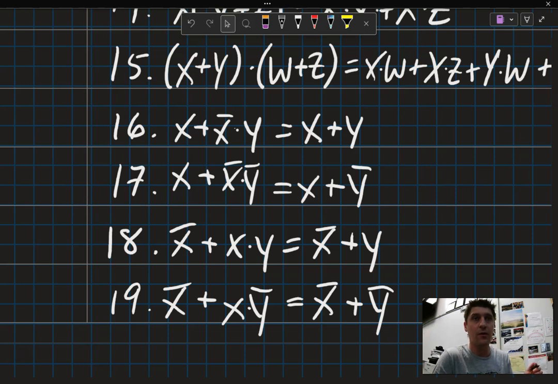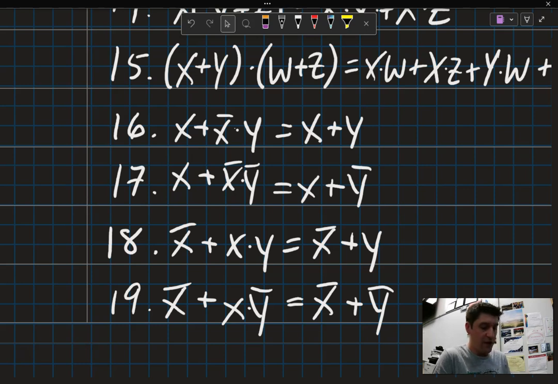It's kind of like when you add 0 to both sides of a traditional math expression, or when you multiply both sides of a term by 1 to complete the square of a polynomial. That's essentially where these came from. What you need to know is that these are referred to as the consensus theorems, and these are helpful patterns that you can look for in your logic to try to simplify.